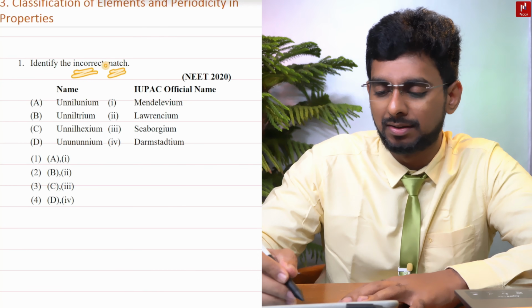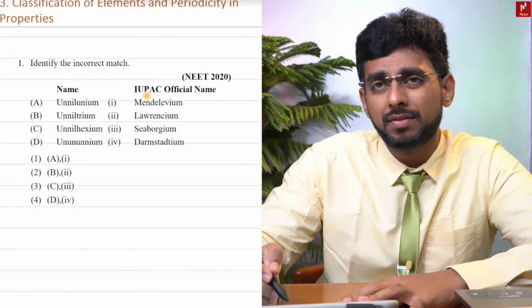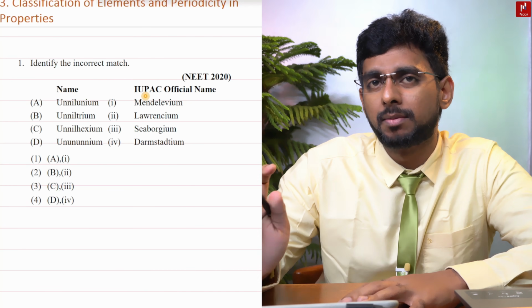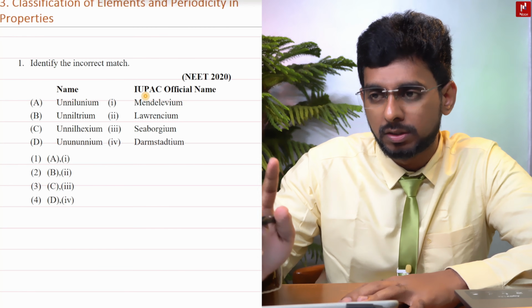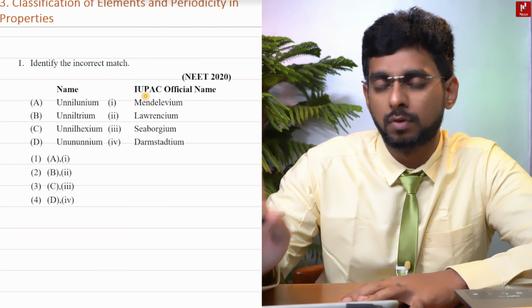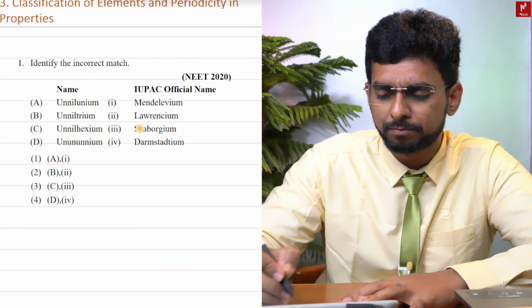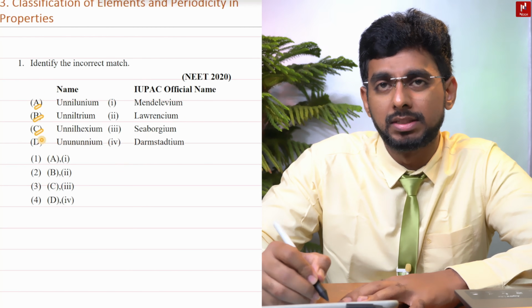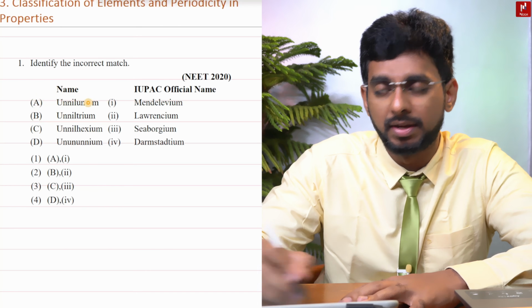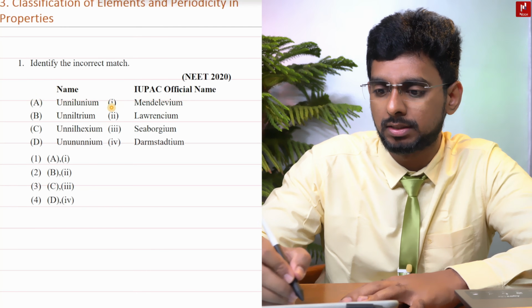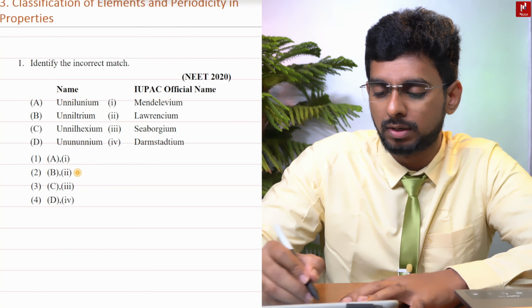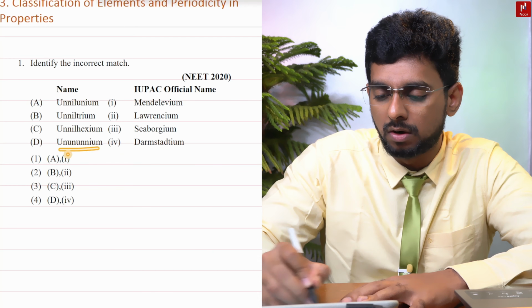I just know the answer straight away. The part that needs to be done by you is you should have memorized all those 18 elements. If you know these names and their numbers, you'll be able to get the answer here. 1, 2, 3, A, B, C, these three are going to be right. If you had memorized, you would be able to match these. The fourth one, D, is wrong here, right?